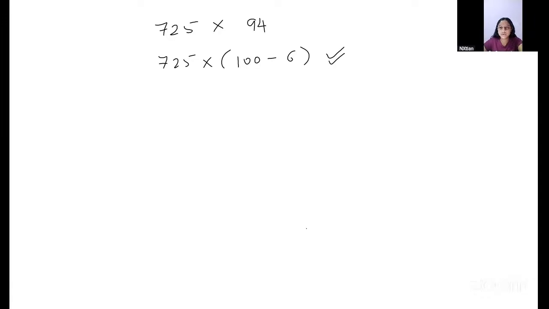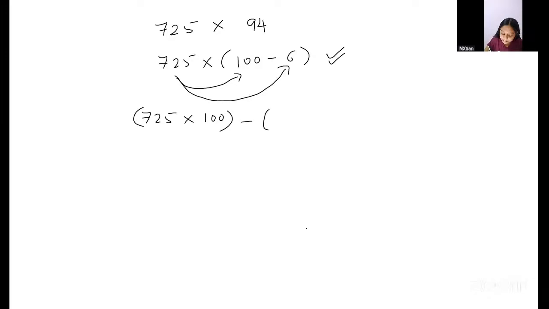Now can I do 725 into 100 minus 725 into 6? Can I do that? Yes. So I will write it like that: 725 into 100 minus 725 into 6.